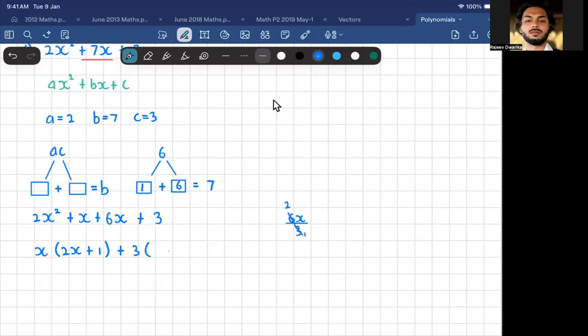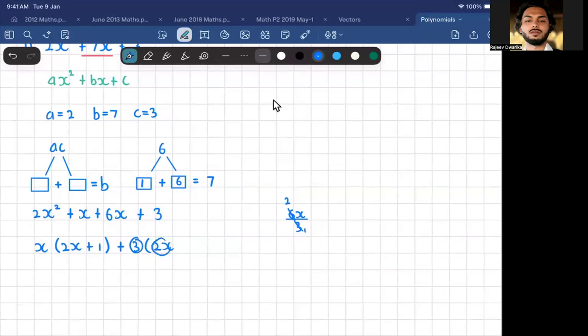So what am I going to write on the inside there? What am I going to write here? Avinash? 2x. 2x, yes. And if you multiply back 3 by 2x, what will you get back? 6x, right.